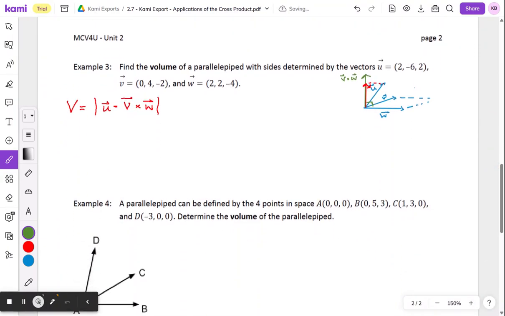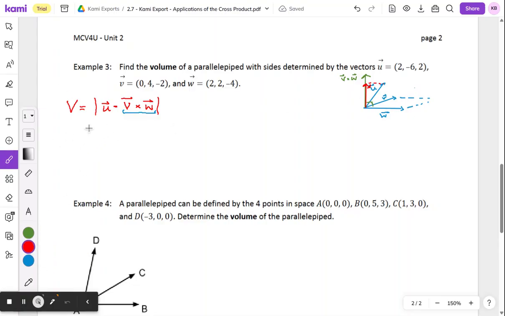So the first thing we're going to do is calculate the cross product of V and W, and then we will simply achieve this whole thing just by taking the dot product of U with the cross product of V and W, and then taking its absolute value.